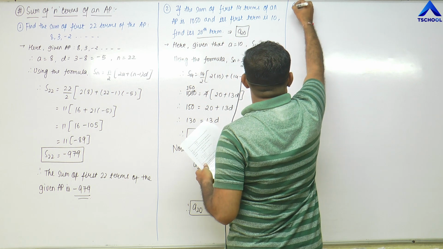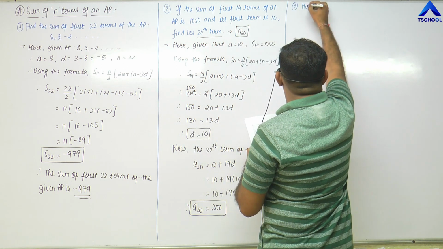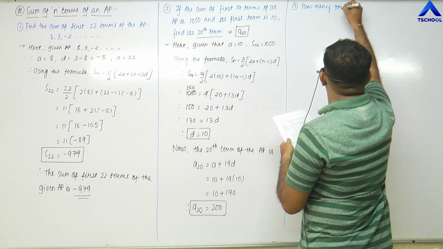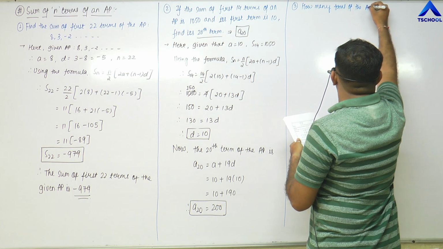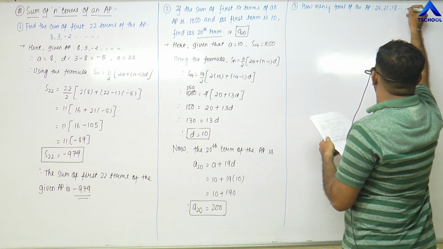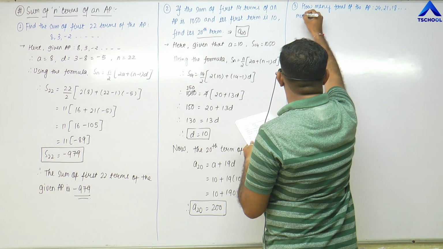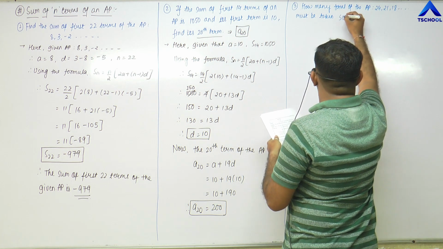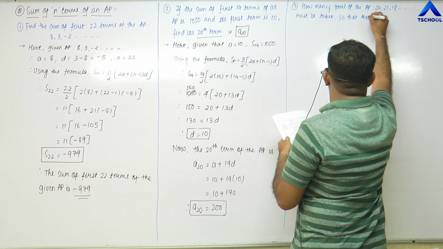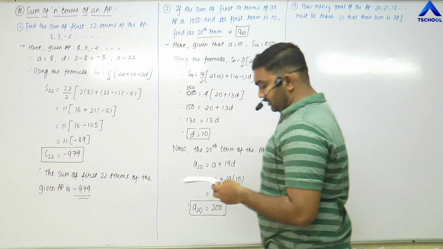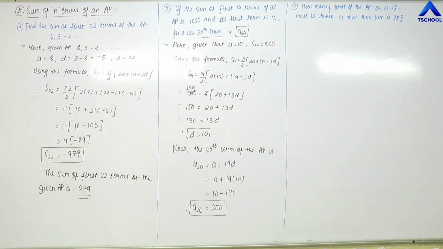The third one: how many terms of the AP 24, 21, 18 and so on must be taken so that their sum is 78?